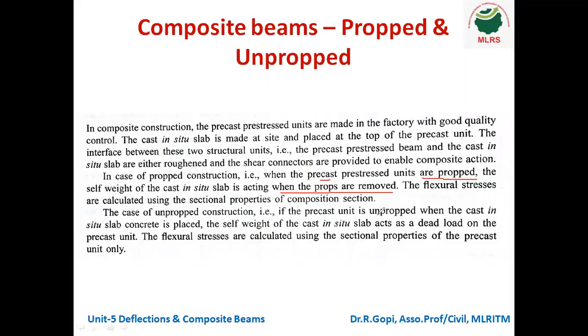Before that, props take care of it. After removing the props, the entire slab weight will be taken care of by the I section beam. So the flexural stresses are calculated using the sectional properties of the composite section. Okay. So this is the propped construction.